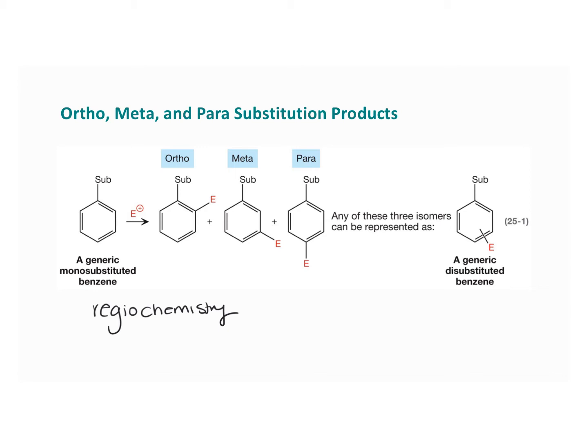And so depending on which one you get, ortho, meta, para, depends on which hydrogen is replaced. And so what we're going to look at here in chapter 25, the substituent that's already on the benzene tends to direct the regiochemistry.